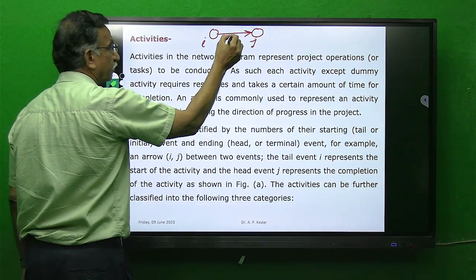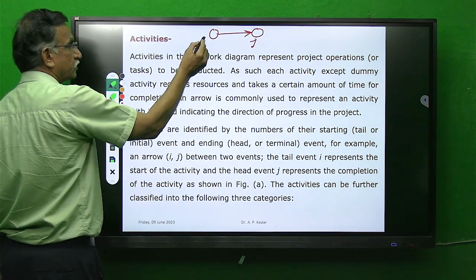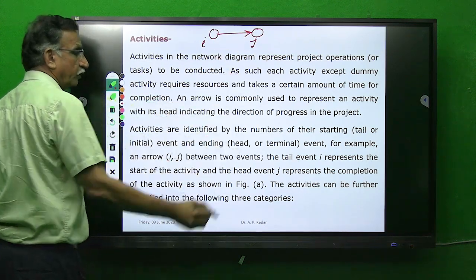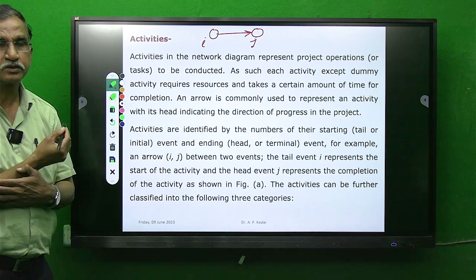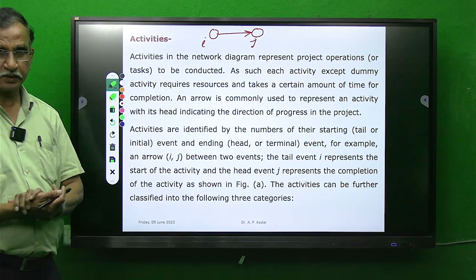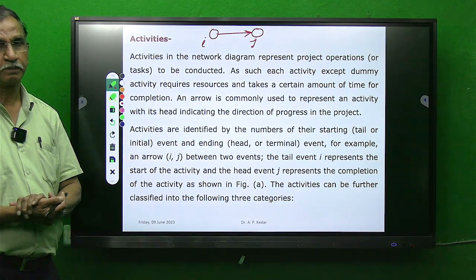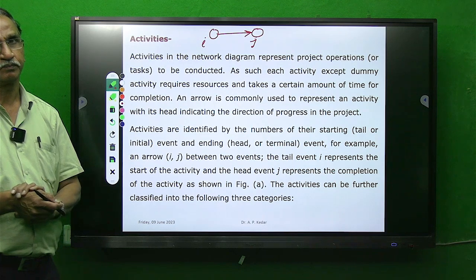So this particular part, arrowhead, is activity, and this is start of activity. J is end of activity. But in real sense, I is starting event, J is end event. Got it? I is starting event, J is end event.